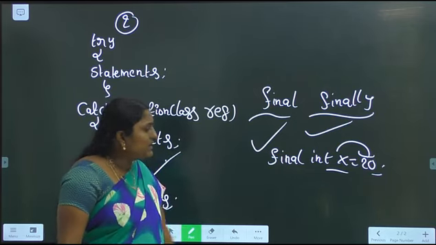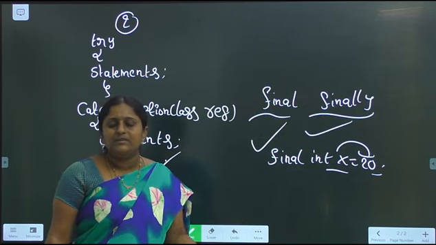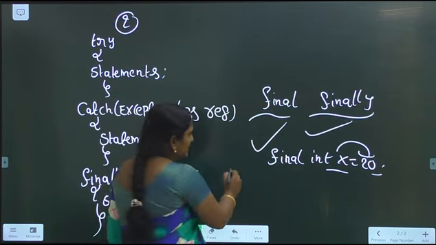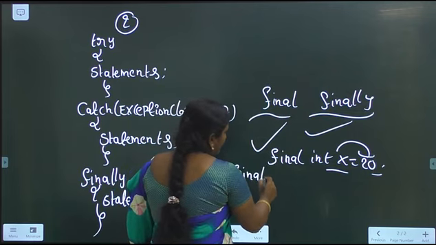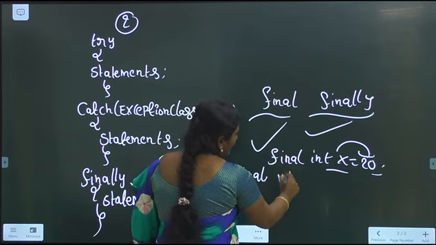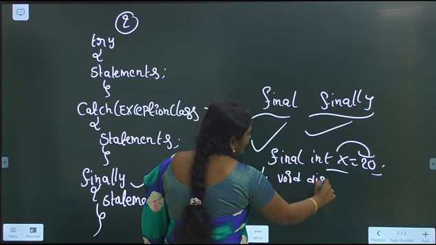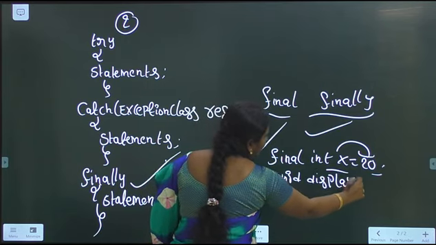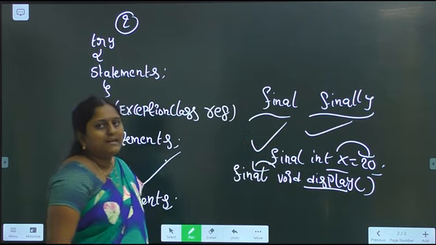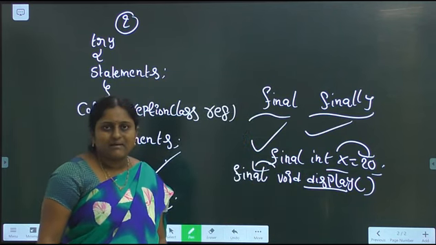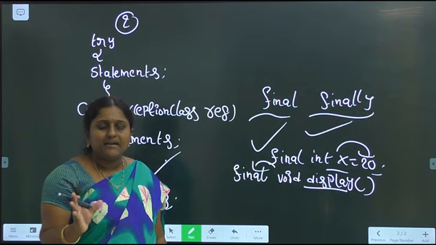Next, final is applicable with respect to a method also. Suppose I define final void display. So a method can be defined as a final method.